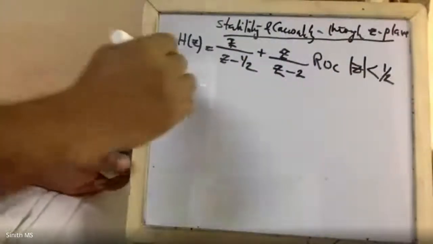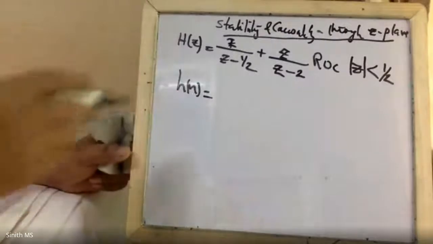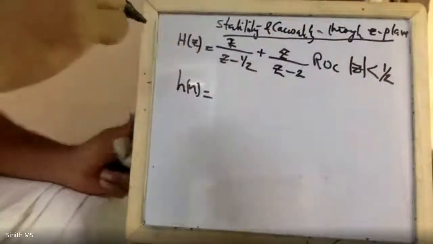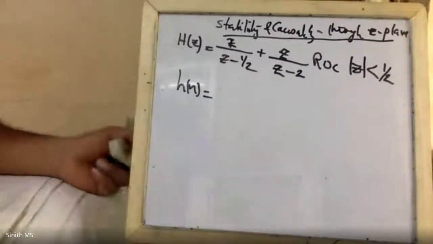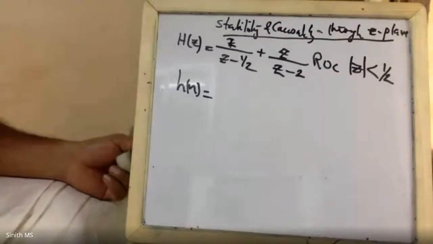So what will be the h[n]? |z| is less than half. So for the ROC |z| less than a, you can represent h[n] as, we have already seen, minus a raised to n u[minus n minus 1].